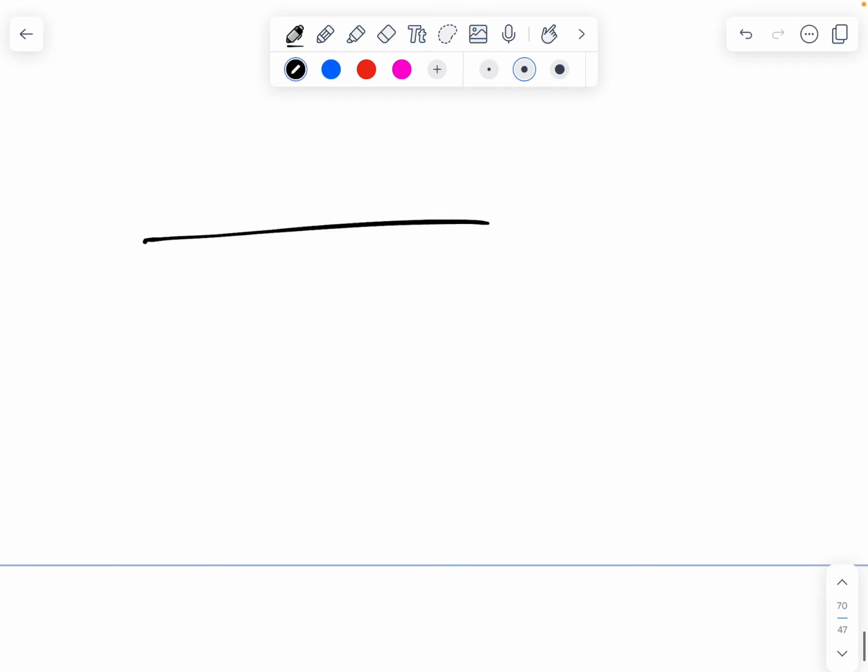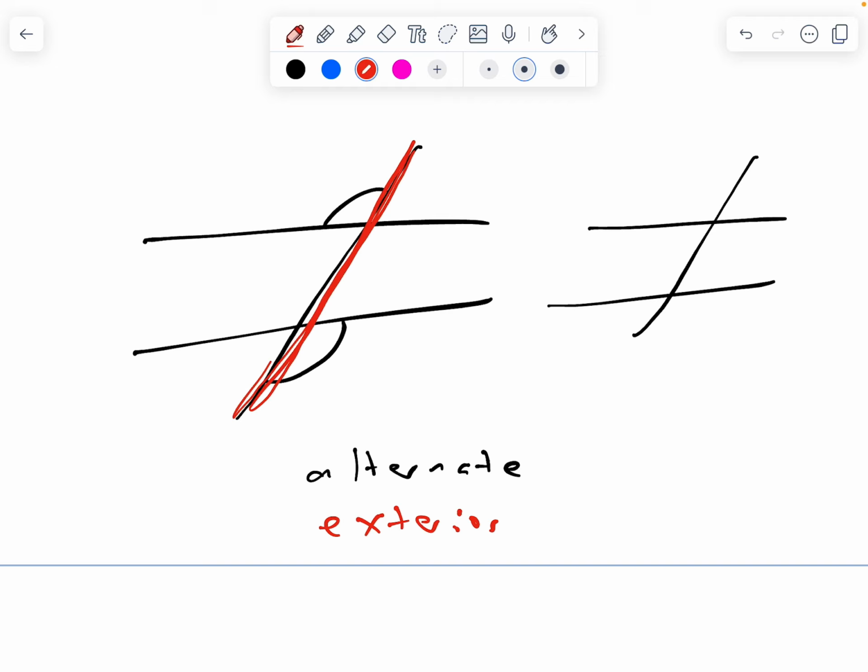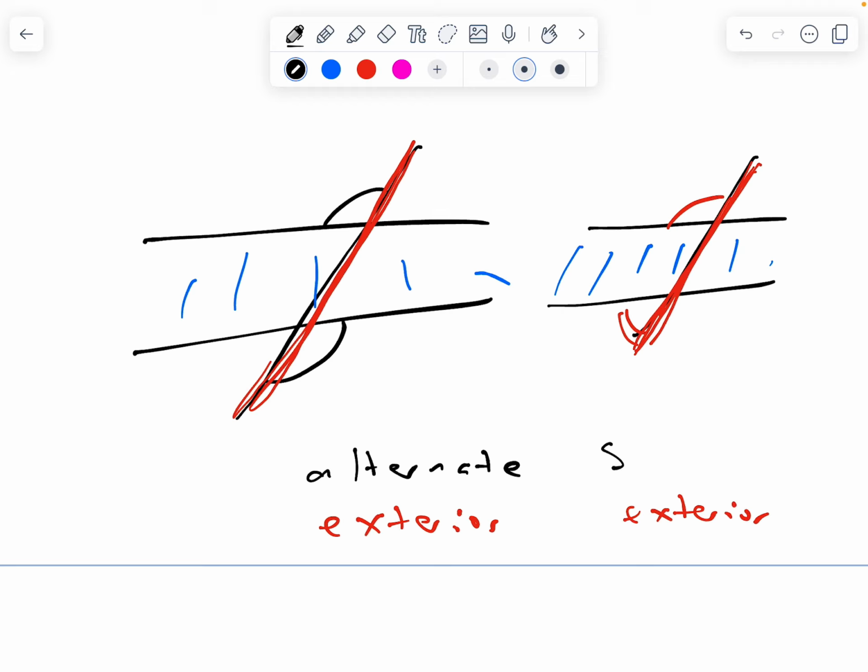Next, these are on alternate sides of the transversal line, on opposite sides of that red line, and they are exterior. So we have alternate exterior. And these are also on the exterior, on the outside of the tube, but they're on the same side of the transversal line. So these are called same side exterior.